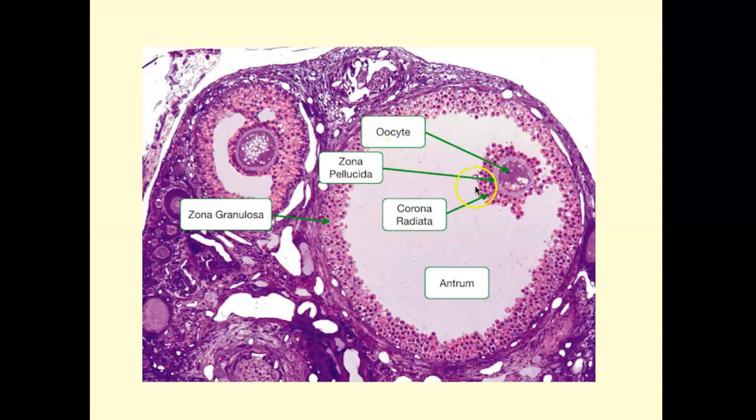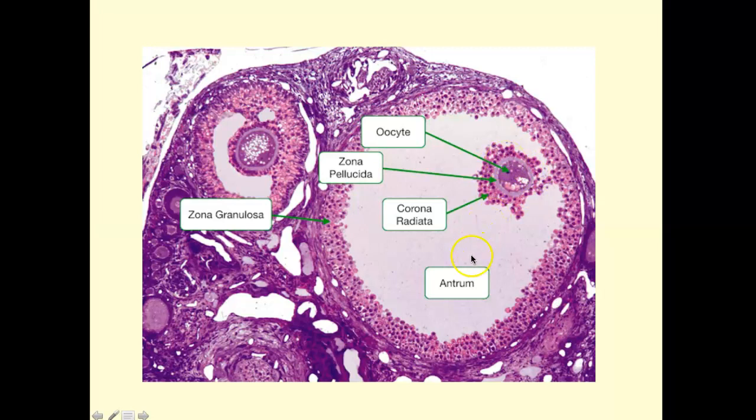So the zona pellucida, you can see in this light purple. This is stained purple, but in real life it's clear. So it's a clear band of molecules, glycoproteins. It's going to cover the oocyte itself, and it's to protect the oocyte.